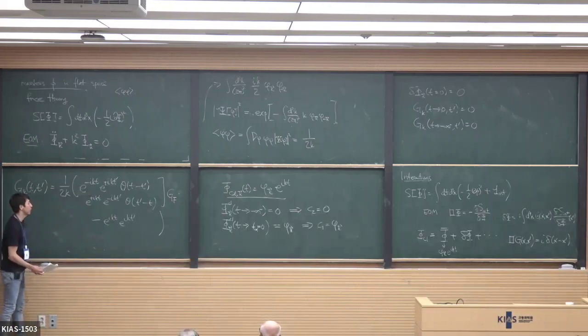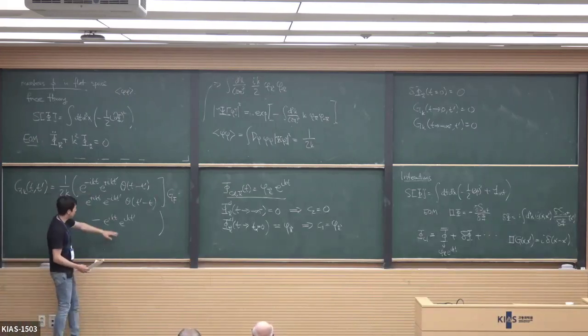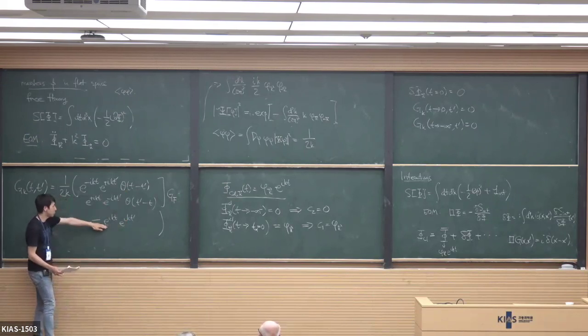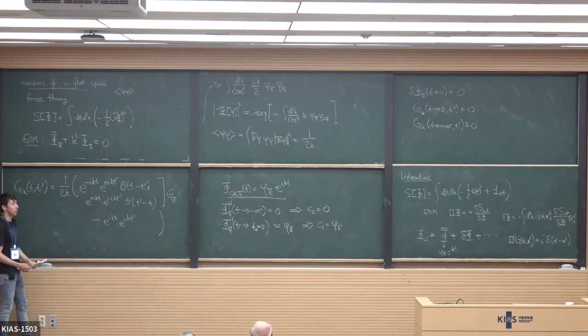If you go to energy space, then this will be the usual Feynman propagator with 1 over k squared plus i epsilon. Now we have an extra term in the Green's function due to the boundary condition that we are imposing at t equals 0. So this is an extra term you get for the Green's function when we are computing the wave function.